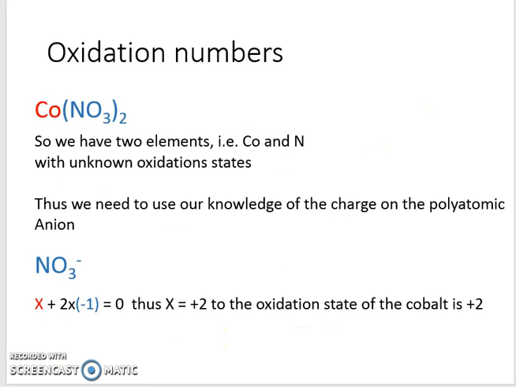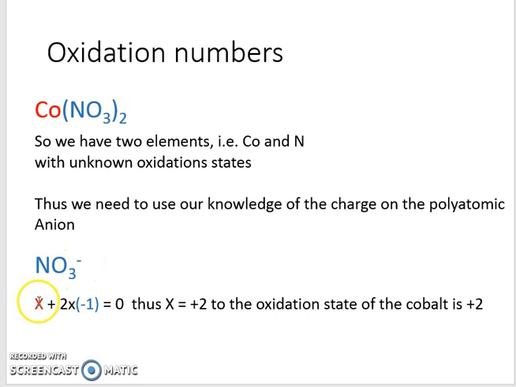Since we know the charge of this polyatomic anion, this nitrate, is -1, we can solve to find out the oxidation state of the cobalt. In this cobalt nitrate we have two elements, cobalt and nitrogen, which have unknown oxidation states. But now we know the nitrate has got a charge of -1, so we can solve it.